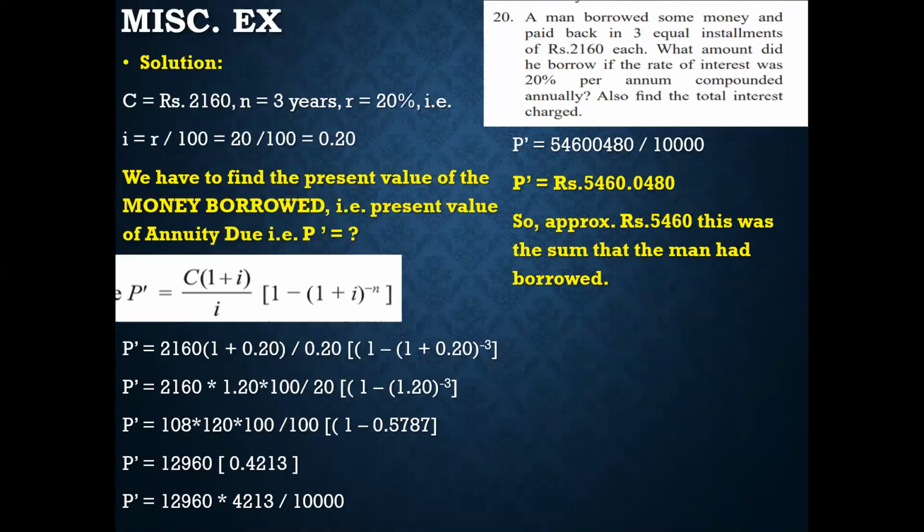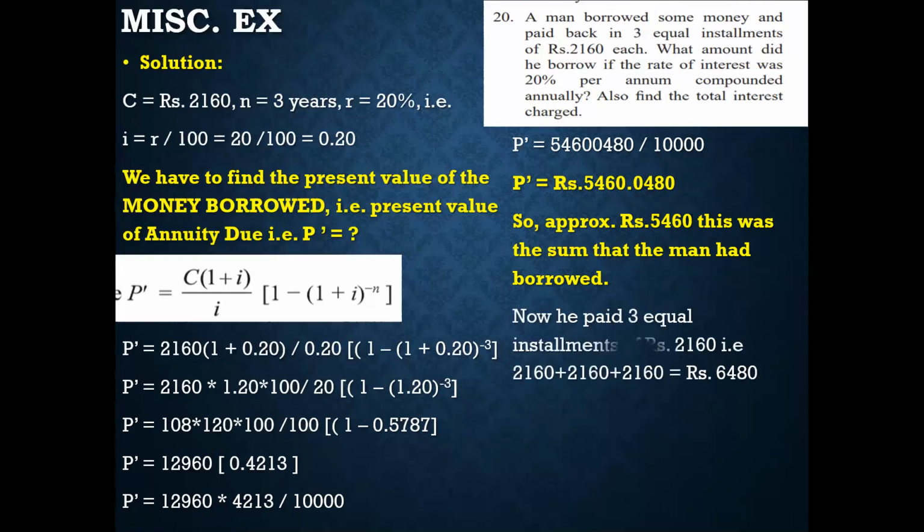Okay. Now you also have to find out the total interest which was charged to him in these 3 equal installments. Now he paid 3 equal installments of 2160. Equal means all the 3 times he paid the same. So that is 2160 plus 2160 plus 2160 in the 3 years, correct?